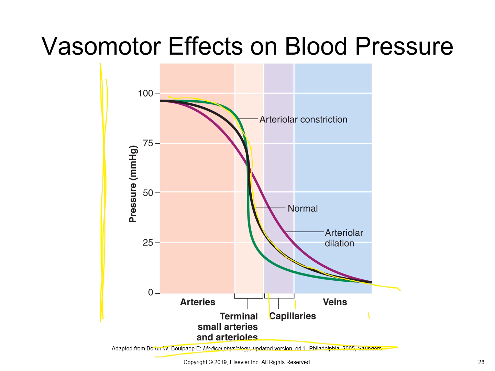So when the arterioles widen, the resistance decreases. When the resistance decreases, the blood pressure drops quickly. As you can see here, that is the purple line, as the blood vessels are widening, the blood pressure is dropping.